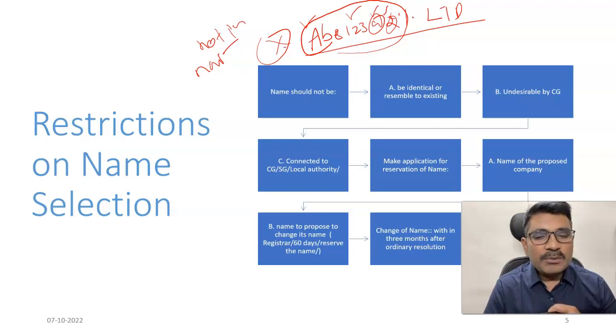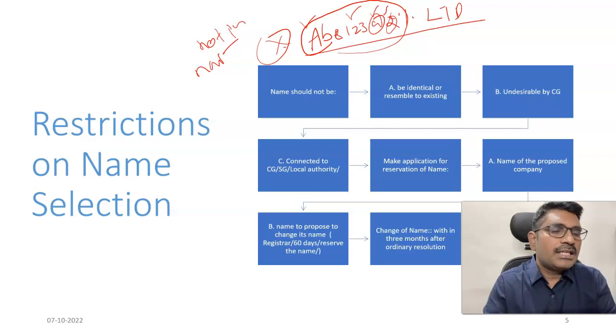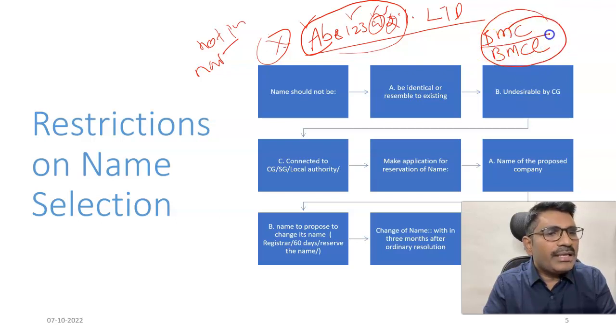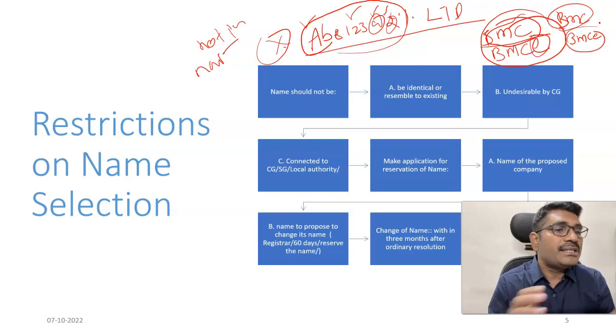Secondly, the name should not be identical to existing companies. That is a very important one. For example, the name of a company can be BMC or BMCE. Sometimes there are very similar names where a one-letter change alters the pronunciation only slightly, right? The pronunciation comes in a similar way, BMC and BMCE.